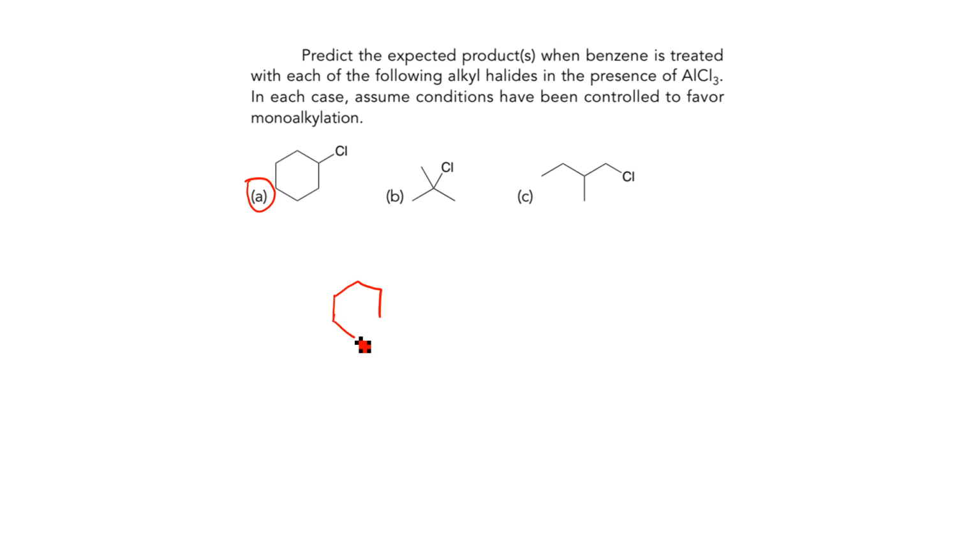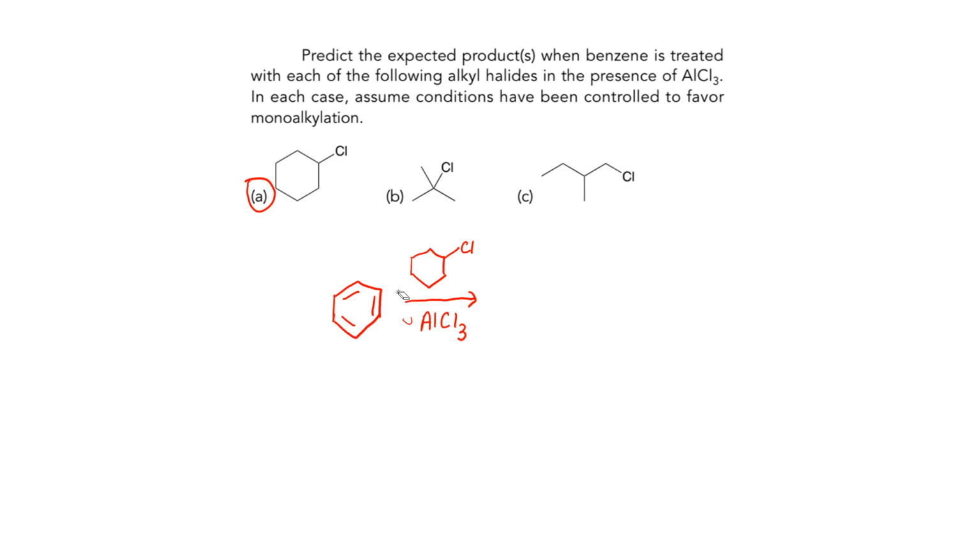The question said that you're starting with benzene and it's treated with an alkyl halide, which is in this case that, with some aluminum trichloride. So what is the product that you're going to get? Now, when you're doing this, what I would do is I would generate the active electrophile when you mix both of these together.